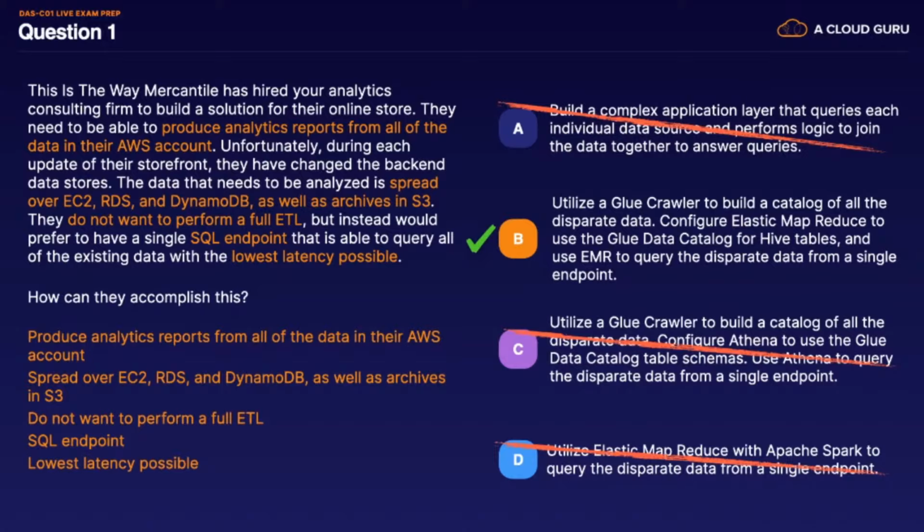So let's say DynamoDB is still in use in the application, being actively added to. There's archives updated in S3 on a regular interval. We can set up our Glue crawler to crawl that data regularly, which will update our Hive tables. And we've got a nice endpoint with very little development effort to set up our SQL endpoint to query that data.